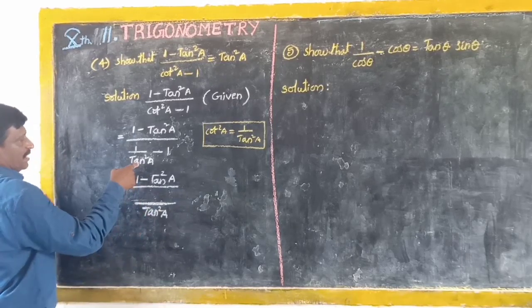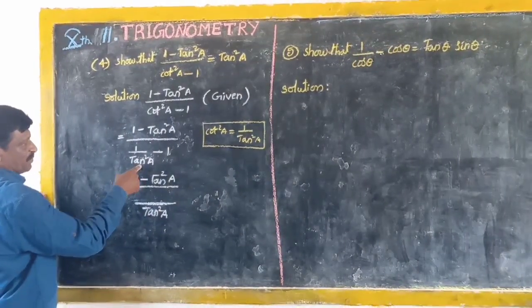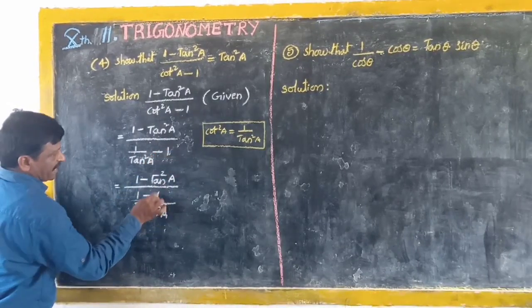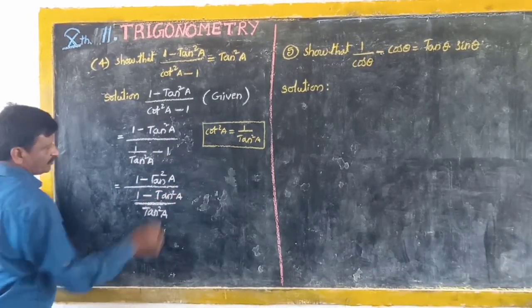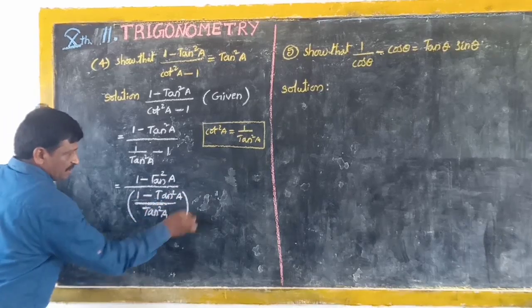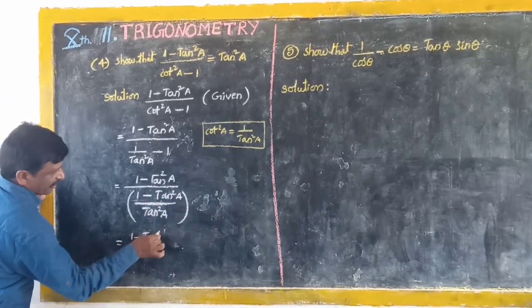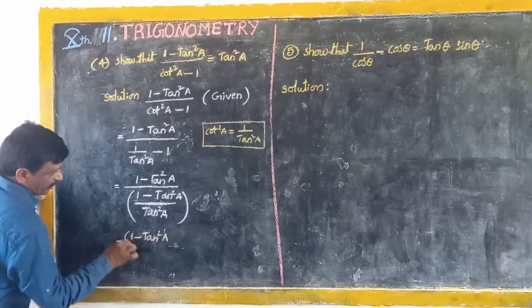Tan square a is in tan square a 1 time, cross 1 into 1 minus 1 into tan square a. This is the denominator: 1 minus tan square a by tan square a.